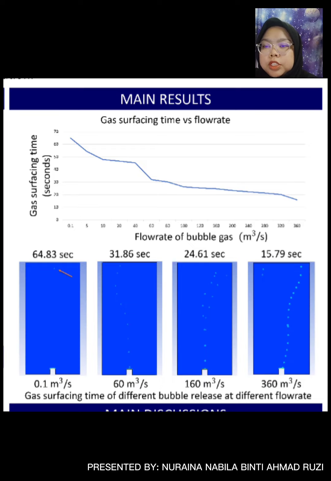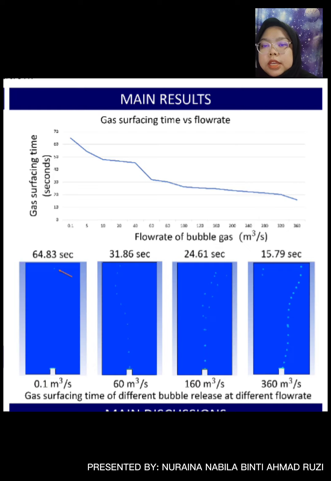The second figure is the bubble release at 60 meter cube per second, which is the bubble distribution for the gas kick that can lead to a major gas kick. This is because shale density normally increases with depth but decreases when drilling in anomalous pressure zones. The next figure is bubble release at 160 meter cube per second.